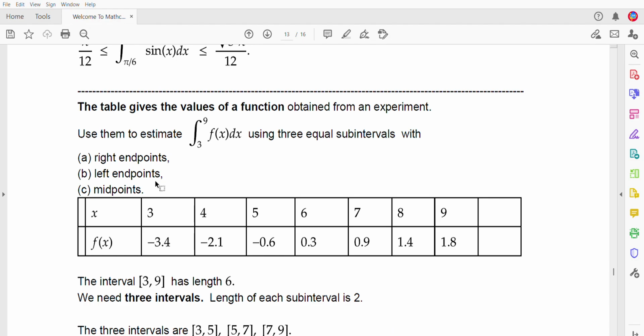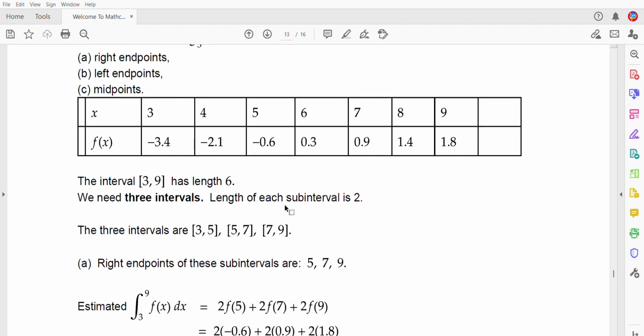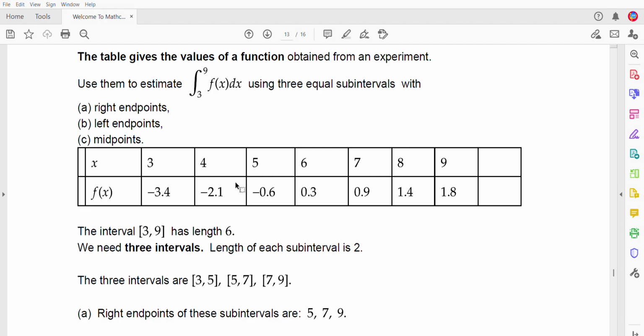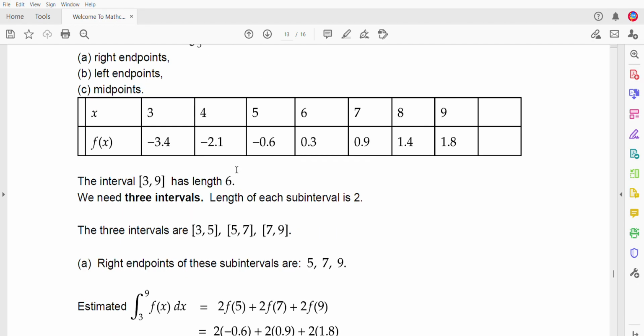I'm starting at 3 and ending at 9, so my interval has length 6. With 3 equal subintervals, the length of each would be 2. So the 3 subintervals are 3 to 5, 5 to 7 and 7 to 9.